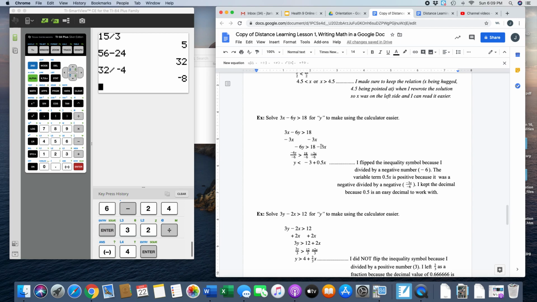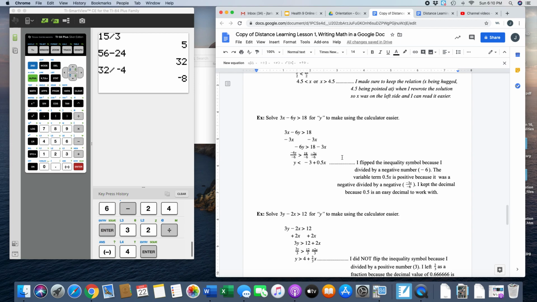These are not like terms, so I kept them exactly as they are. My coefficient was negative 6, so I divided everything by negative 6, which left me with y by itself. 18 divided by negative 6 is negative 3, and negative 3 divided by negative 6 is positive 0.5 or positive 1/2. I flipped the inequality because I divided by a negative number.